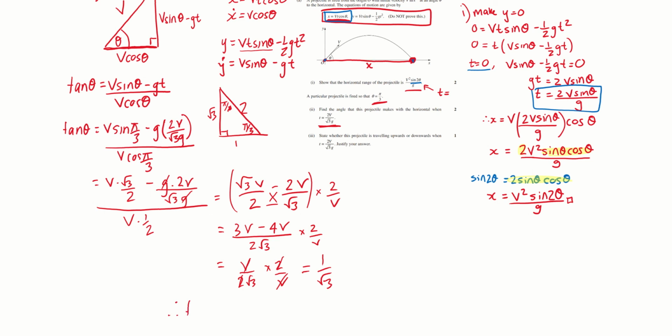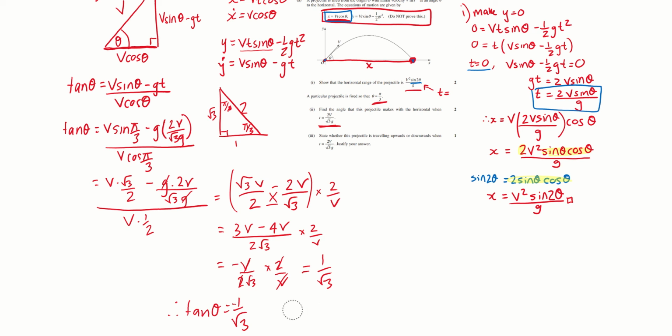So therefore, tan theta equals 1 on root 3, which gives me an answer that theta will equal pi on 6. And I just realized 3v minus 4v is negative 1v, which will give me a negative 1 on root 3.